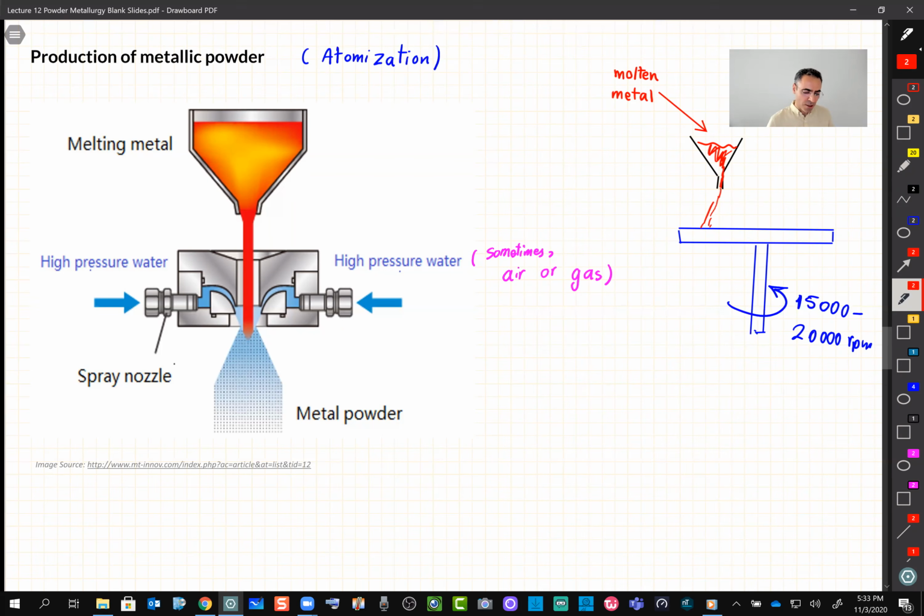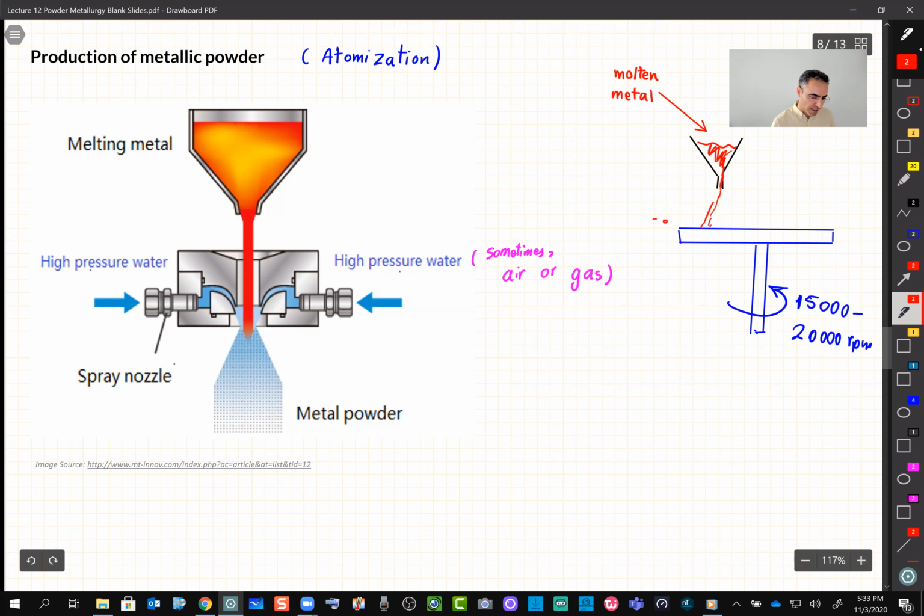So molten metal, we pour it there, and this table is rotating very fast. When it hits the table, we are hoping the result will be tiny, tiny particles thrown outside, and so we basically make the powder.